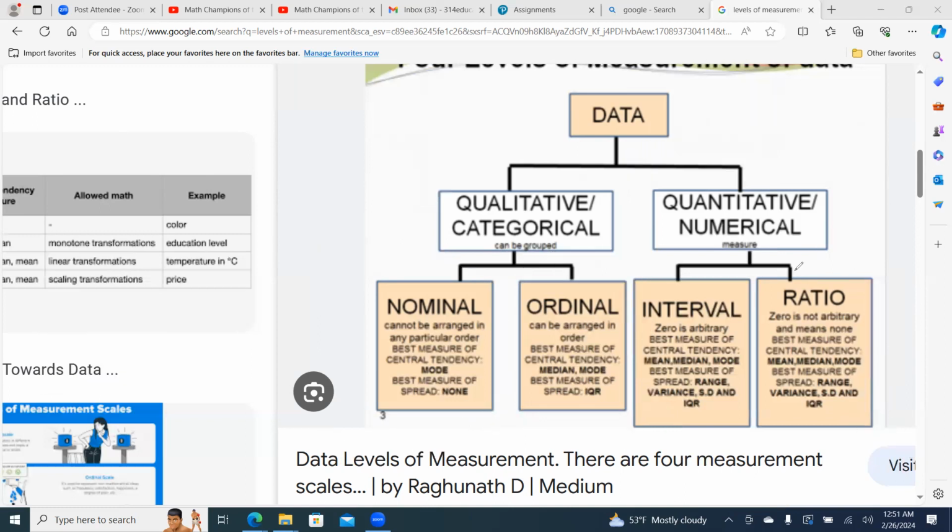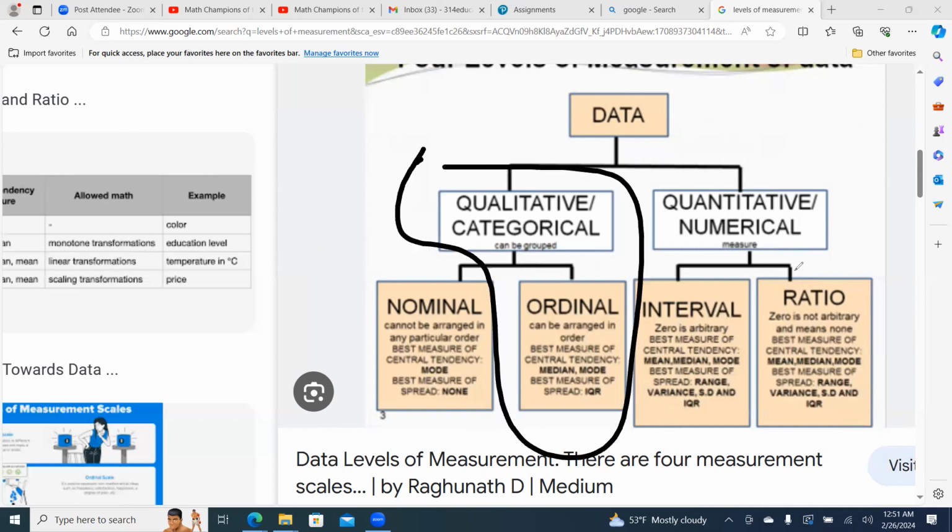Okay, so nominal, we just kind of skip. Anything that we cannot order or rank is going to be nominal. Ordinal is much more affiliated with qualitative or categorical. Ordinal means can be ordered, just a little redundant.